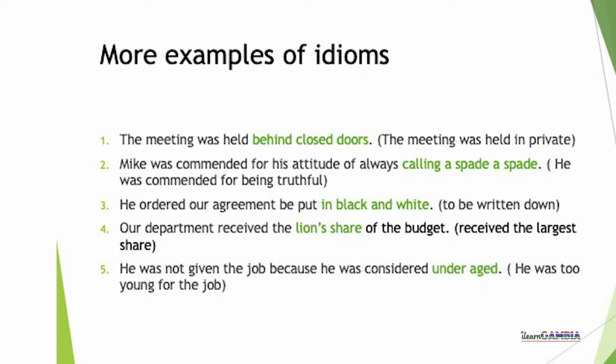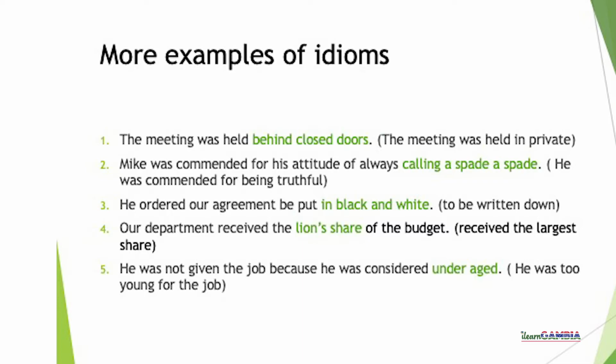Now, look at example 1. The meeting was held behind closed doors. Behind closed doors is an idiom. It means the meeting was held in private. Instead of saying the meeting was held in private, the speaker or the writer here chooses to use an idiom.